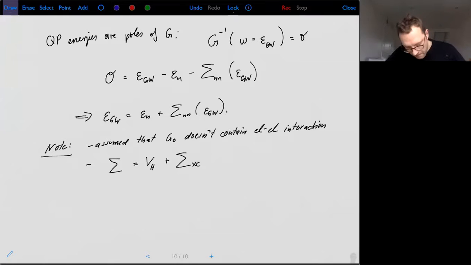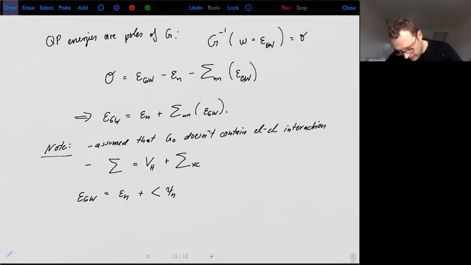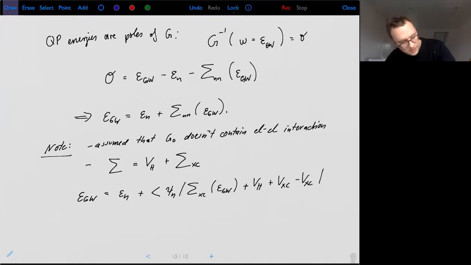And then what we can do is the following. We can write our GW quasi-particle energy as epsilon n plus the matrix element of sigma xc plus v Hartree. And now finally I can also add and subtract the exchange correlation potential.